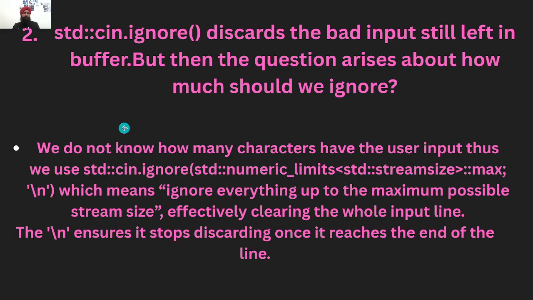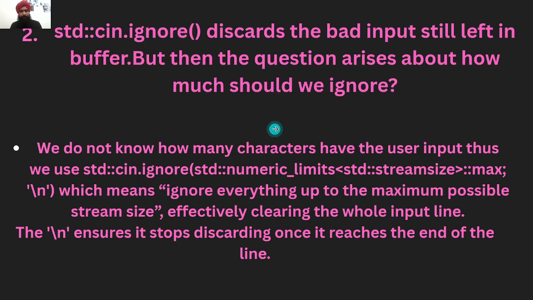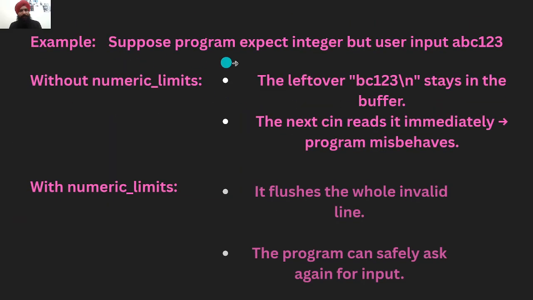But then the question is how much should it ignore? As we don't know how many characters the user has input, we use std::cin dot ignore with std::numeric_limits, which actually means ignore everything up to the maximum possible stream size, effectively clearing the whole input line. The slash n ensures it stops discarding once it reaches the end of the line. And I have given an example here.